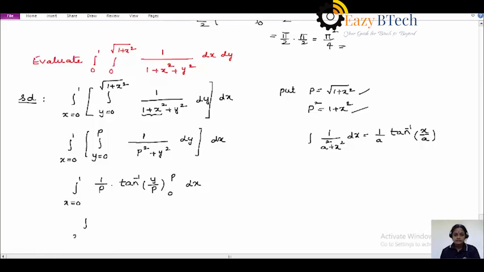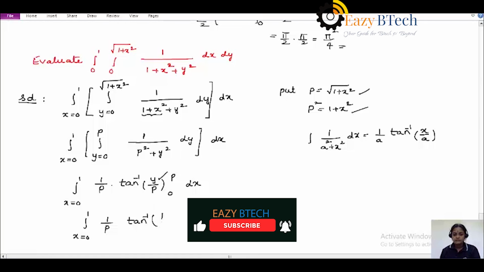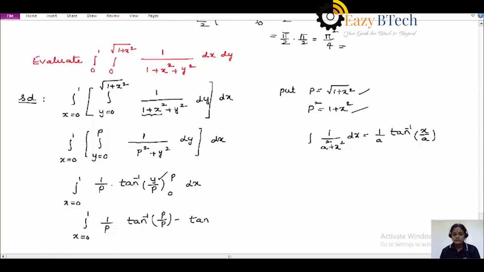Integral x is equal to 0 to 1, 1 by p. Apply the upper limit, students, in the place of y only you have to apply. Then p by p minus tan inverse 0 by p, dx.